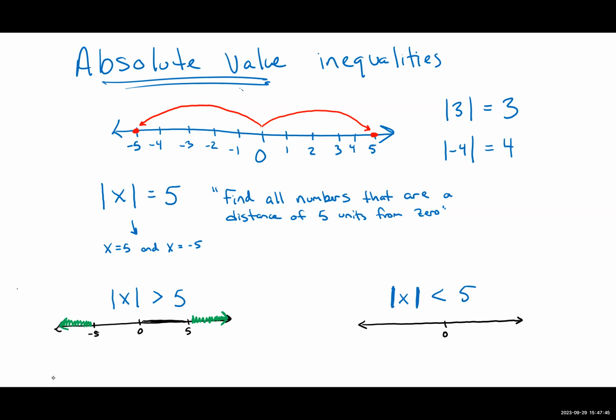So we have two separate chunks of numbers here. We have the numbers where x is greater than 5, and we have the numbers where x is less than -5.